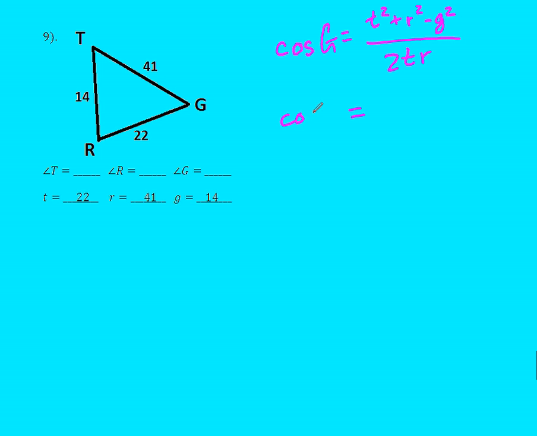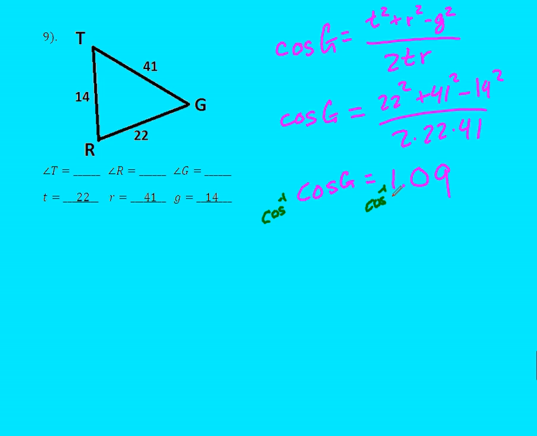That means cosine of G is equal to, T is 22, R is 41, G is 14, over 2 times 22 times 41. When you do that division, cosine of G will be 1.09. So next I would take the cosine inverse of both sides, which you cannot do because cosine cannot be above 1. So that means that this triangle does not exist.